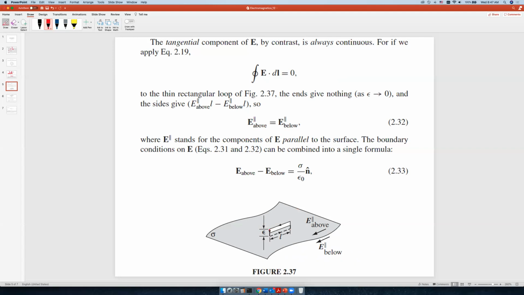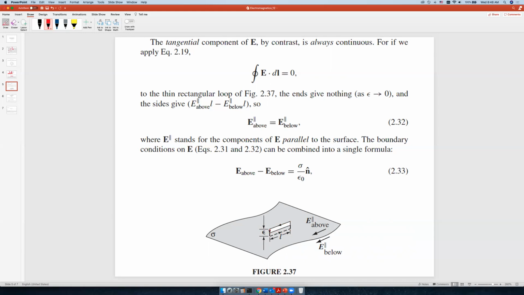If we find a line integral just above and below the surface, we define this rectangle of the line integral to be very thin.